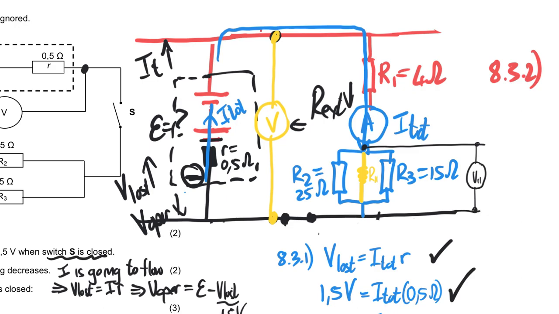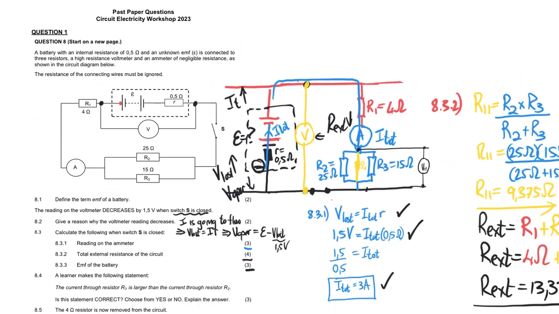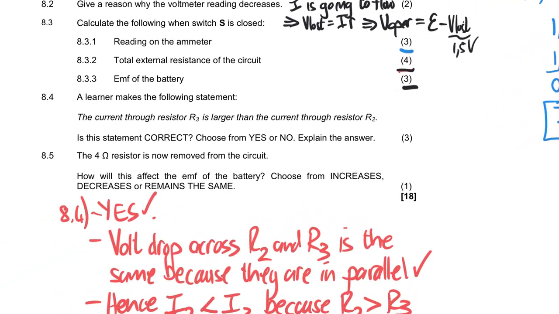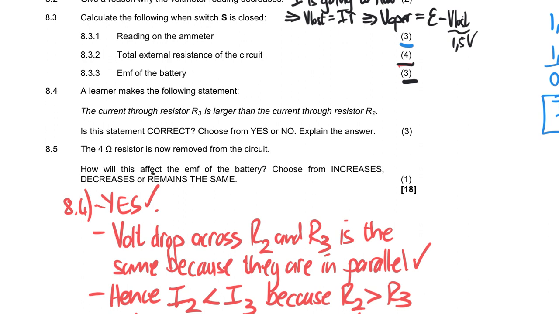So the answer to this question should be that it remains the same, because the EMF is not dependent upon what's happening on the outside of the battery. The EMF is dependent upon the chemical system inside the battery, as we learn about when we do galvanic cells in electrochemistry.